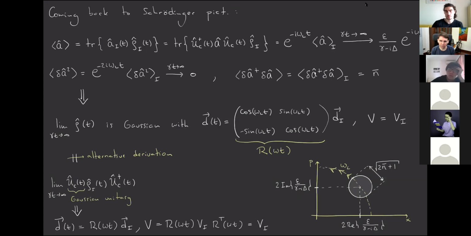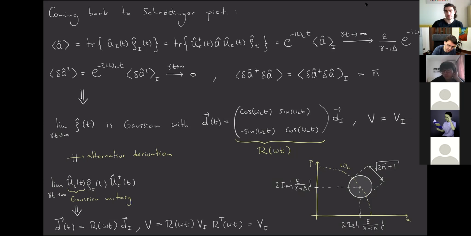Okay, so pretty simple. So if you drive a cavity and you have a thermal environment and you are driving the cavity with a monochromatic laser, you just get that the state inside the cavity will be a displaced state. So it will be a thermal state that is displaced in the, as Jinan mentioned, I always make this mistake.